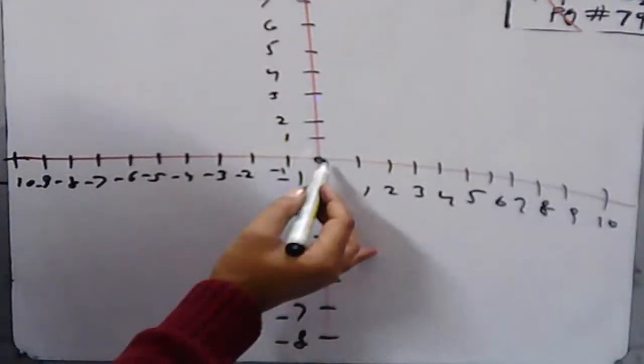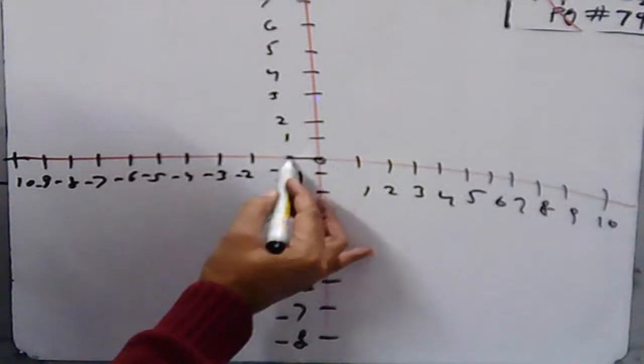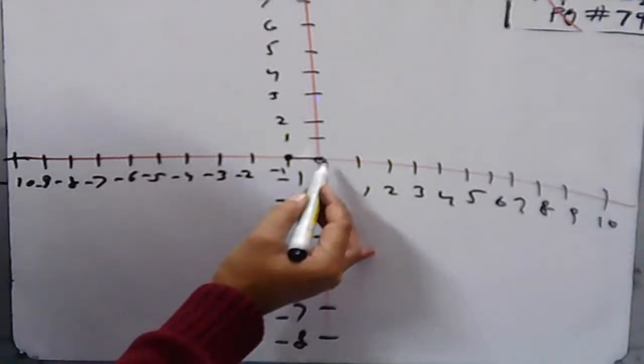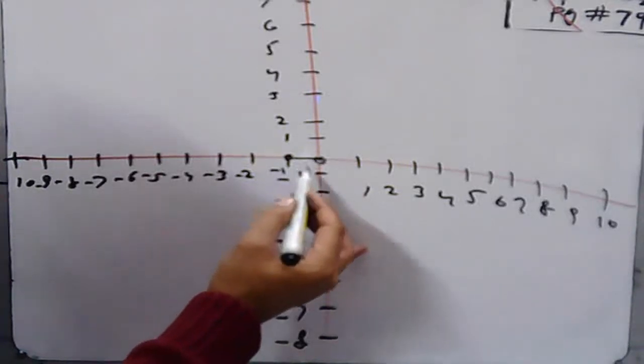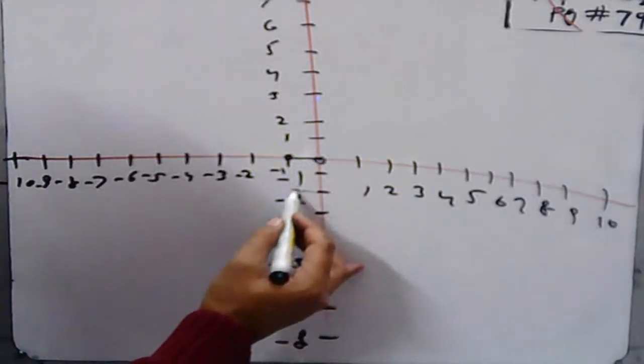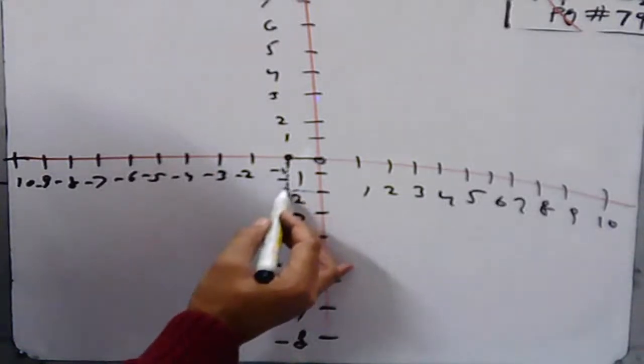And the second point is minus 1, which will give you minus 2, so that is the next point.